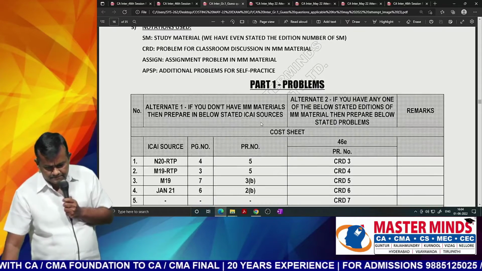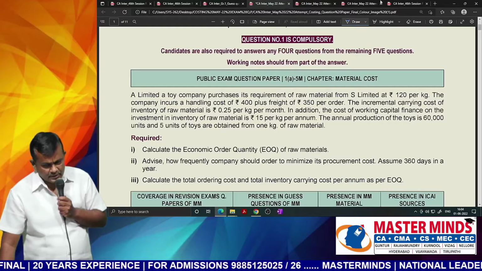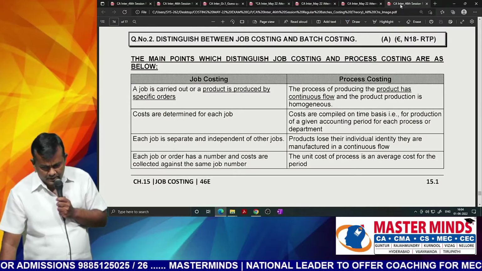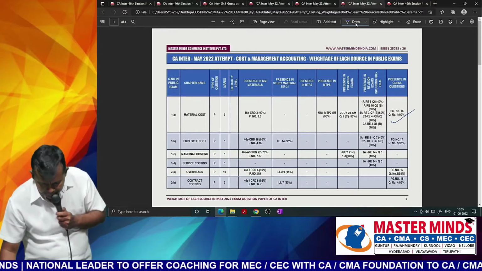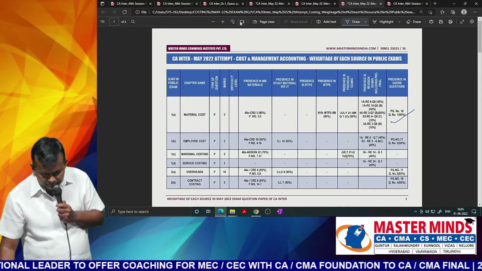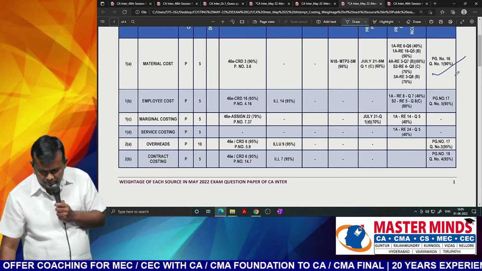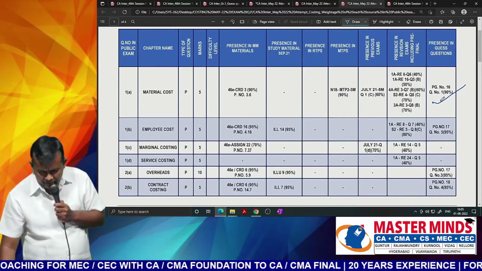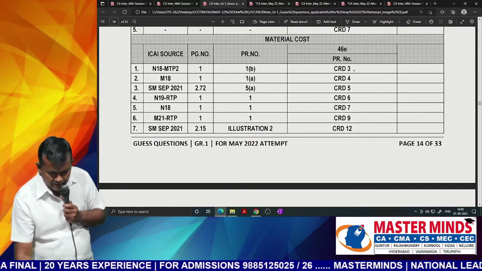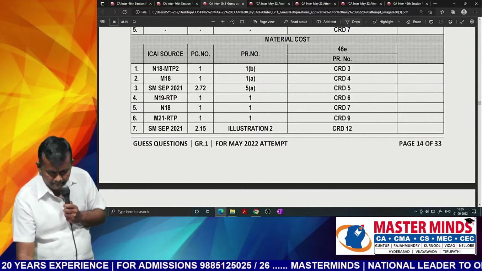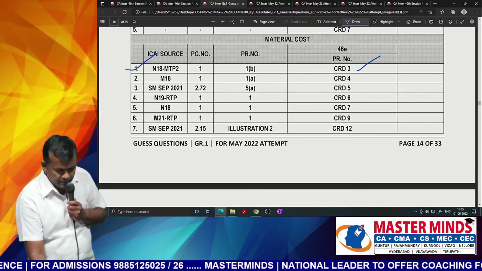Guess questions. So 1A, material chapter, in the guess questions analysis paper. Last column, sir. Page number 16. Question number 1, 90%. So CRD 3. Question number 1.